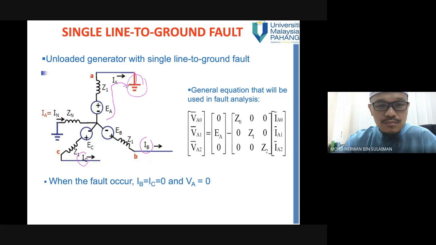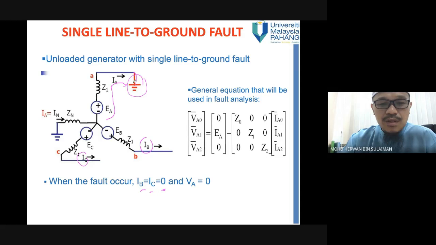That's why when the fault occurs here, your IB and IC equal 0, because all the current flows to the ground.